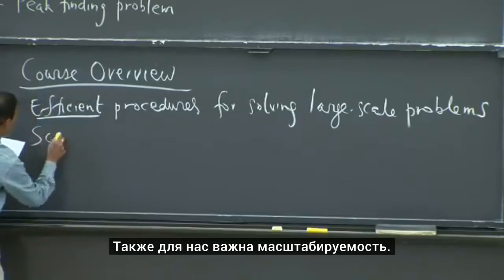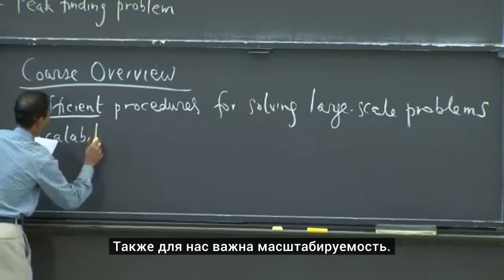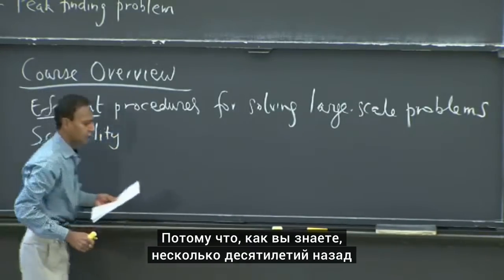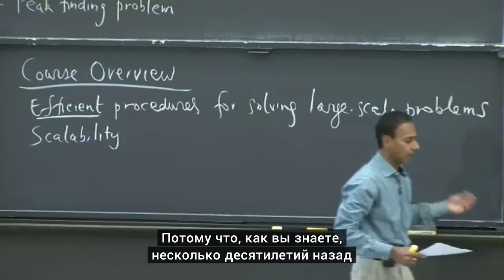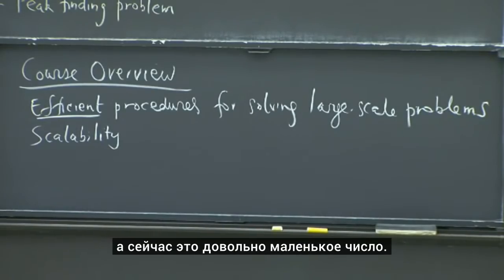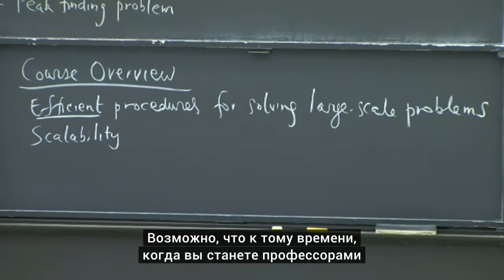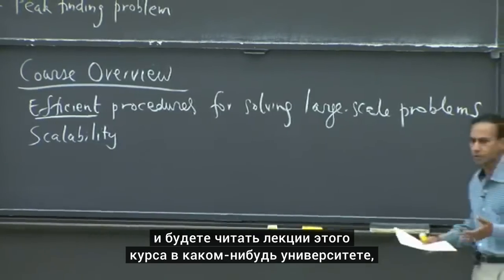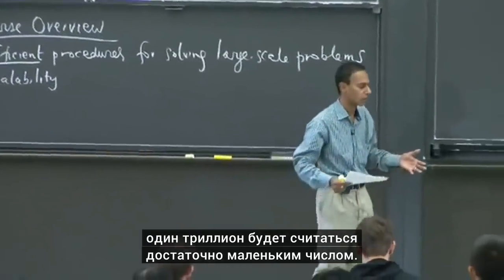And we're concerned about scalability because just as 1,000 was a big number a couple of decades ago, and now it's kind of a small number, it's quite possible that by the time you guys are professors teaching this class in some university, that 1 trillion is going to be a small number.